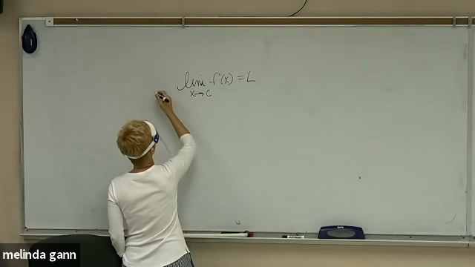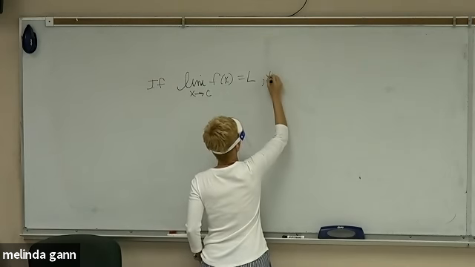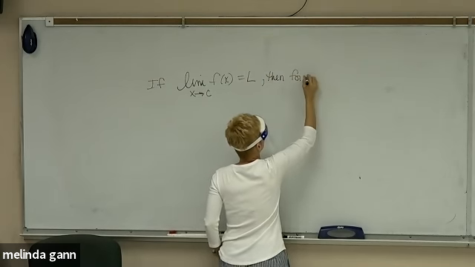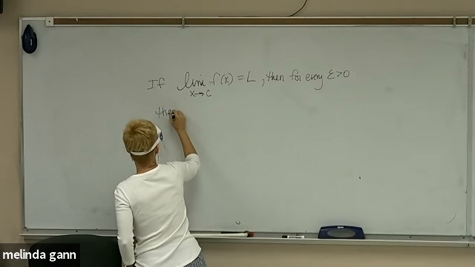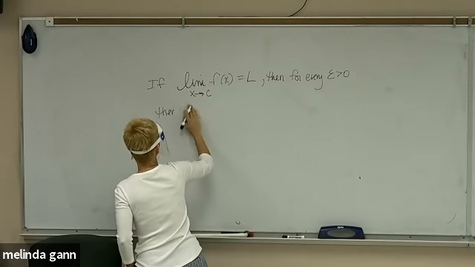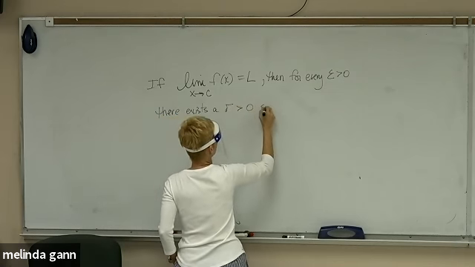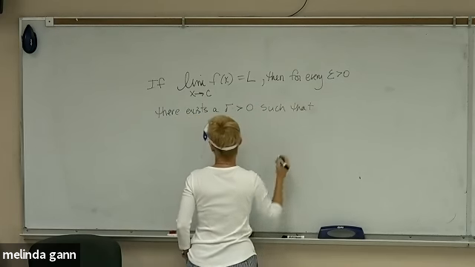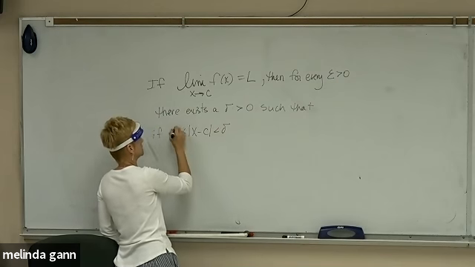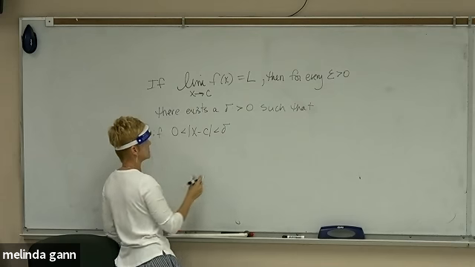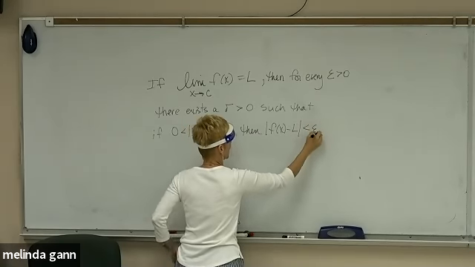So if the limit of f of x as x approaches c equals L, then for every epsilon greater than 0, there exists a delta greater than 0 such that if the absolute value of x minus c is less than delta, but bigger than 0, then the absolute value of f of x minus L is less than epsilon.